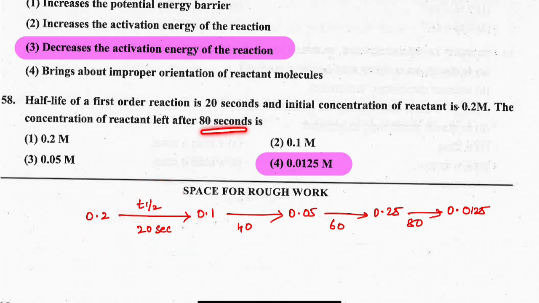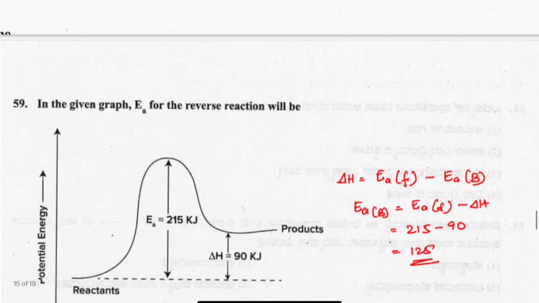They are asking after 80 seconds. So 20 seconds, next make it 40. For 40 seconds, make this half, so 0.1 half will be 0.05. Then 0.05 half will be 0.025 at 60 seconds. Make 0.025 half, it will be 0.0125 at 80 seconds. So the answer will be this.